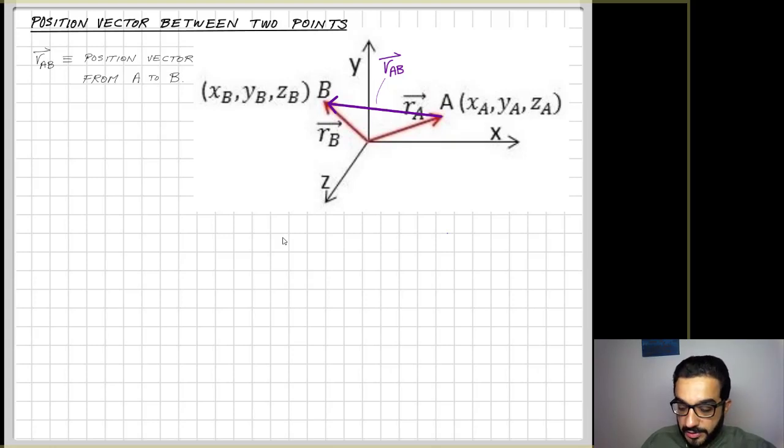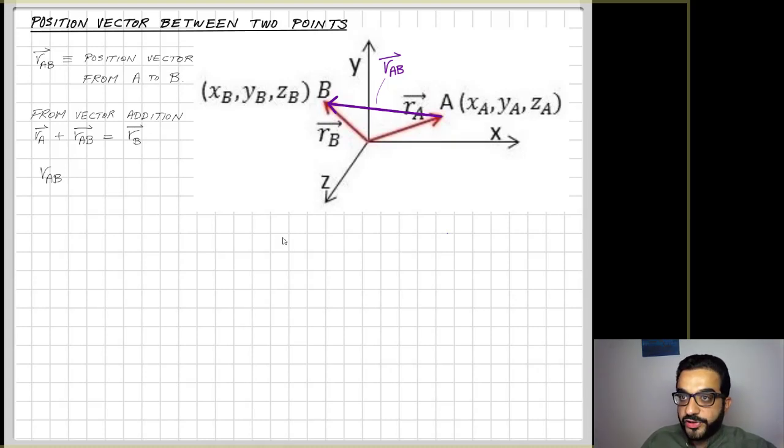It's using the basic principle of summation of vectors. If you look at this triangle that's made of the red vectors and the purple one, we want the purple one. We're given the red ones, R_A and R_B. Just looking at the triangle, if you move from the origin to A, and then move from A to B, you're adding the two vectors R_A and R_AB, and that will be the same as the vector R_B.